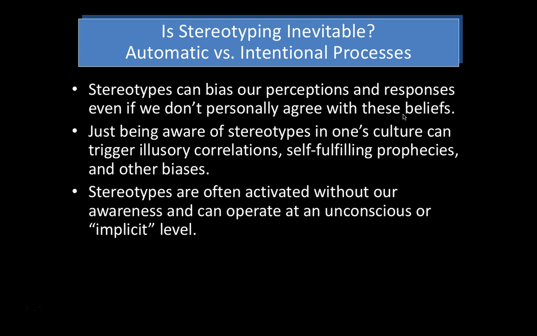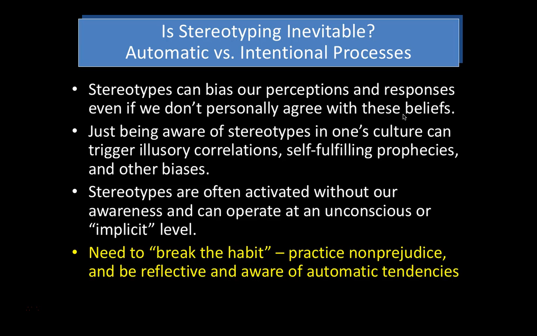We talked about implicit bias that occurs through cultural conditioning and things that sort of go underground into our unconscious but are easily activated under various conditions. Well, all of these are true. Is it inevitable? Well, in some ways, yes, because it's so implicit and so automatic.